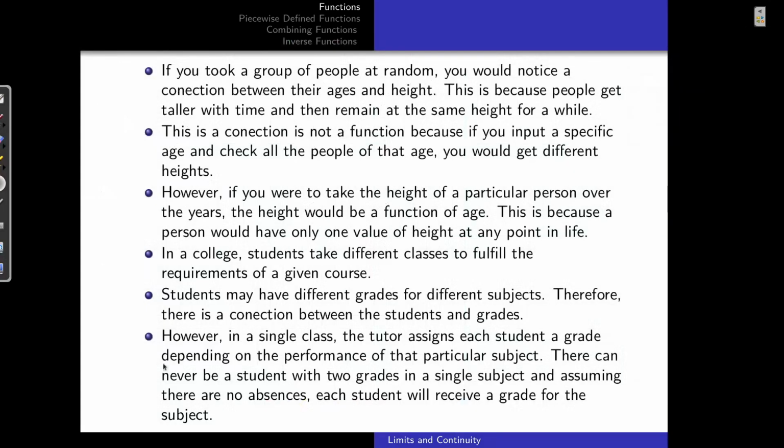But if we look at a single class, we assign each student a grade depending on the performance in that particular subject. Then a student cannot have two grades for the same subject, so each student will have exactly one grade. If we assume no absences, each student will receive a grade.